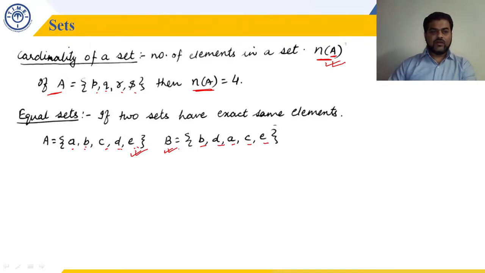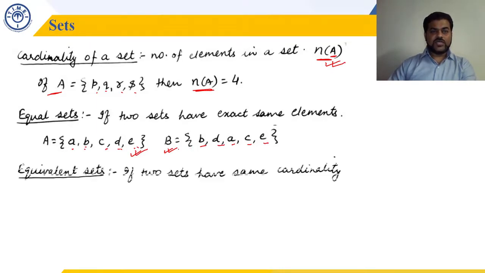Now there is a distinction between equal sets and something known as equivalent sets. What are equivalent sets? If two sets have the same cardinality. Here the elements need not be exactly the same. You just need to have the same number of elements. So if the number of elements is the same, we call them equivalent sets.